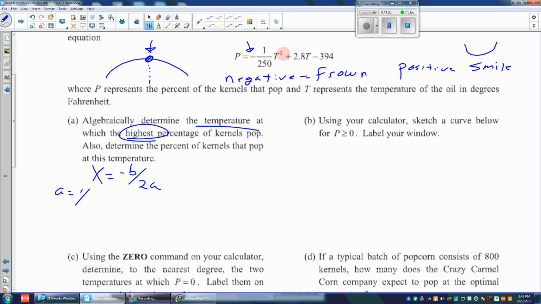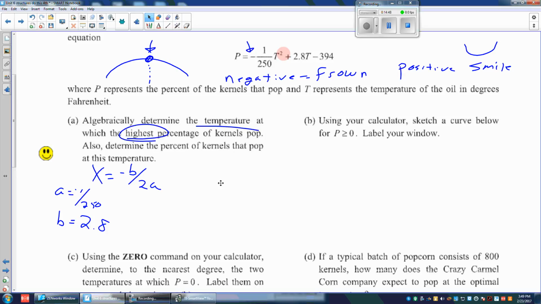A is negative 1 over 250, and b is 2.8. Not because it's the first and second number in the equation, but because this is with the square. I said because this is with the square, that makes it A, and this is with the X, that makes it B. Got it? Good.